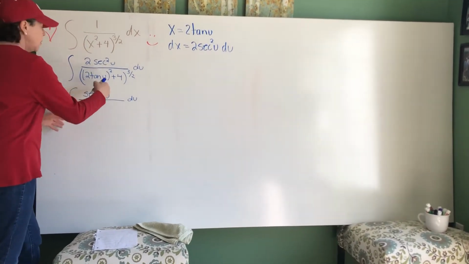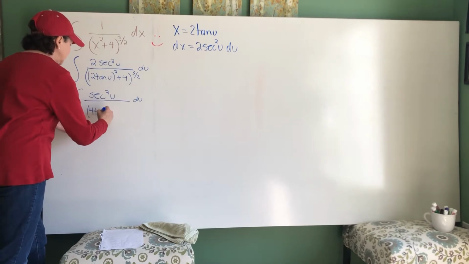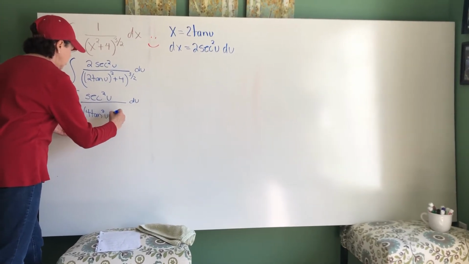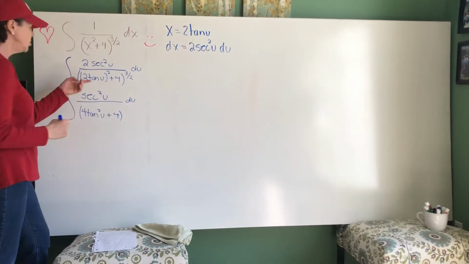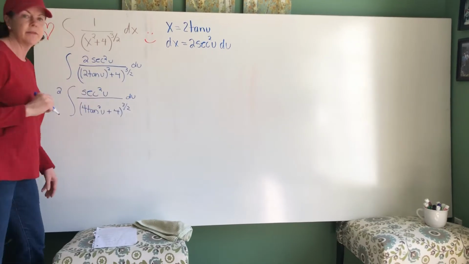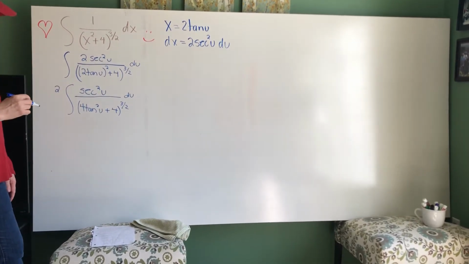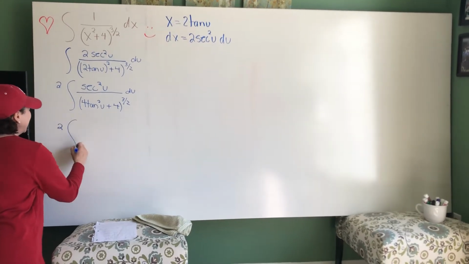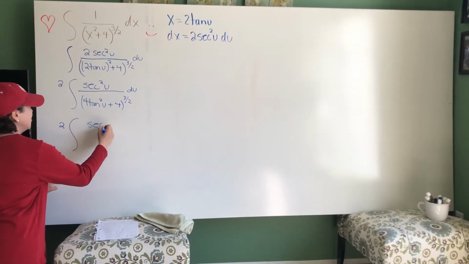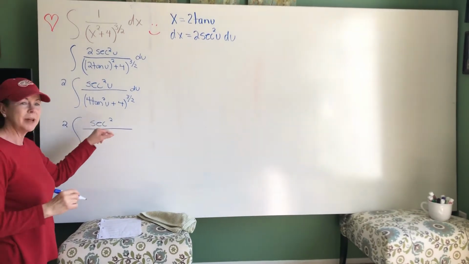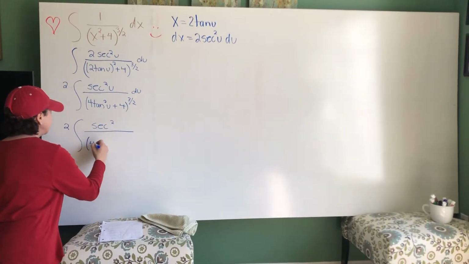So notice all I'm doing right now, the only difference here, is I am just going to square 2 tangent u. There it is. Let's not forget our exponent of 3/2. Now, just going to come a little lower here, not changing the numerator. There we go. I am going to factor a 4, but still keep it within parentheses.